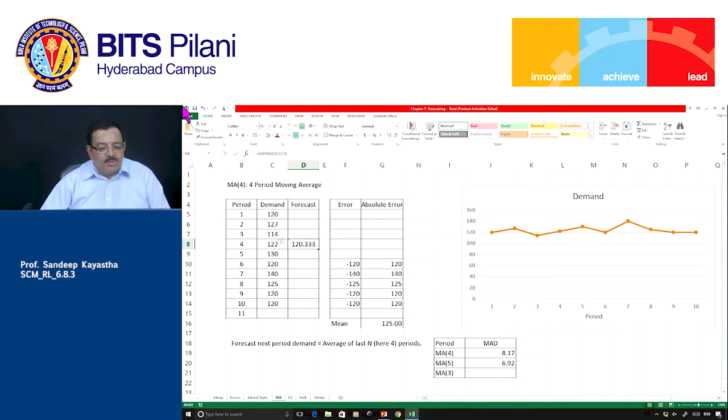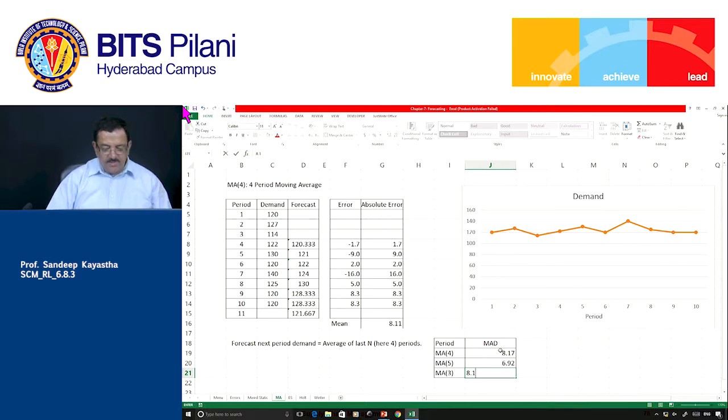If we use moving period 3, then these would have been my forecast, and the error would be like this. So many decimals are there. Let me keep only one decimal. In this case, my error is 8.11. So you can see from here that it is better to go for moving average 3 or moving average 5, but not for moving average 4, because there is a higher deviation or higher errors.